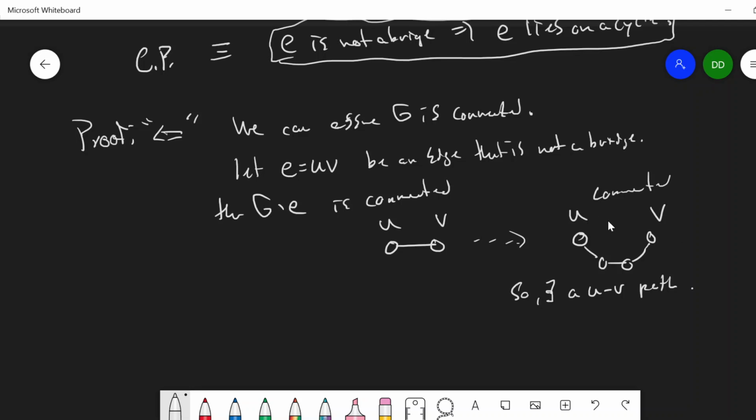Since this exists in G minus E, this path does not contain E. So there exists a UV path in G minus E. Hence, there is a UV path in G not containing E.